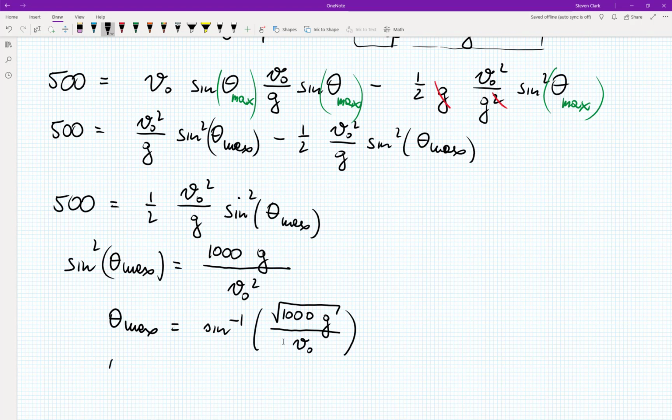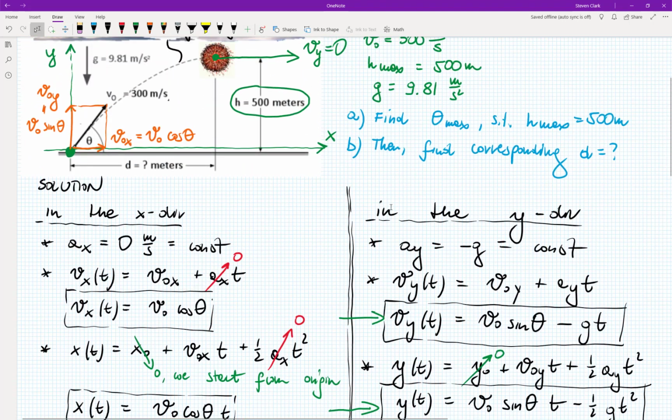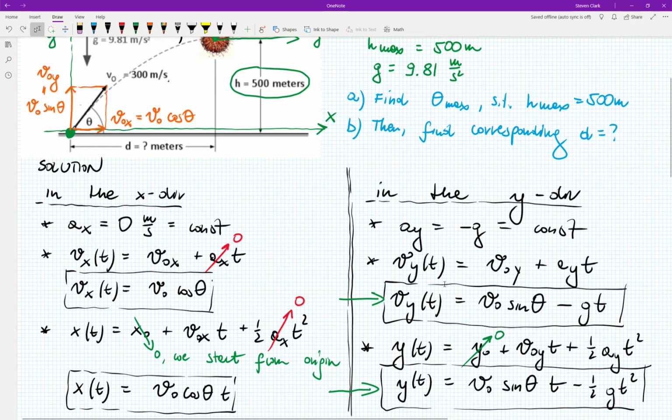Okay, let's plug in values. g was 9.81 and v0 was 300 in this case. I'm sorry, my memory is not working well recently.